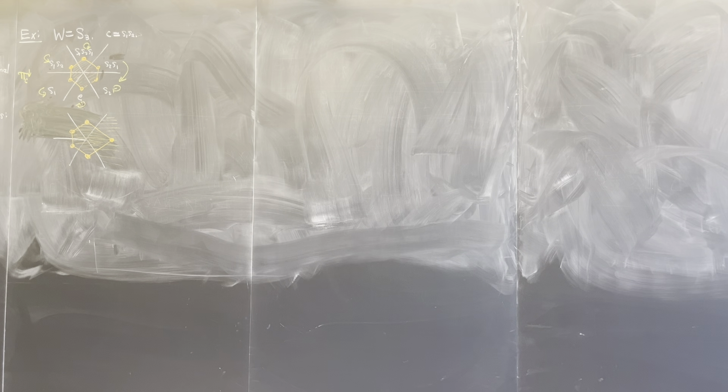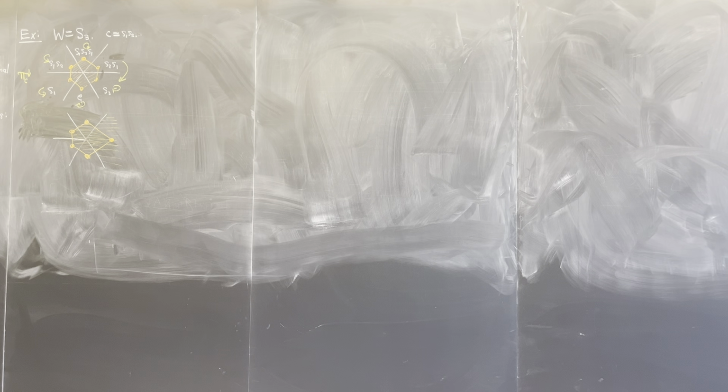And in general, this will work for higher dimensions as well. So here I'm just doing this in the case of S3, but you can do this in higher dimensions. And by gluing these regions together, you'll end up going from the permutahedron to the associahedron. And one of the things that's cool about this is that the polytope that you get doesn't depend on the choice of C. For any choice of C, the polytope you get will still be the associahedron. So any two choices of C will give you isomorphic polytopes, but the lattices that you get, the Cambrian lattices, are actually different.